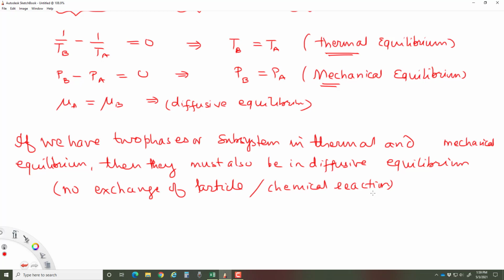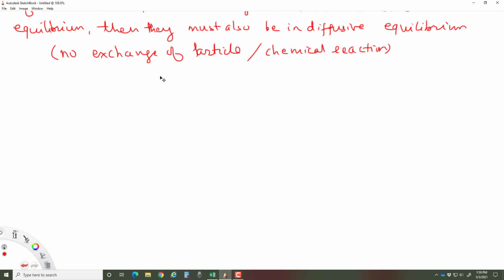Now let's say that the two subsystems have not reached equilibrium yet.